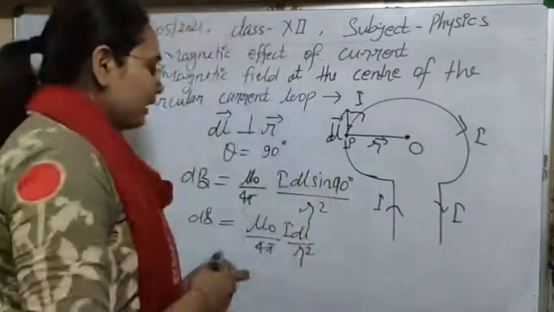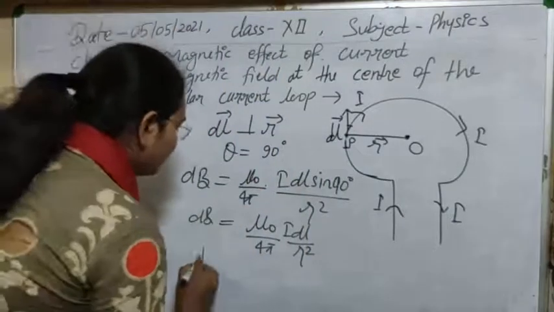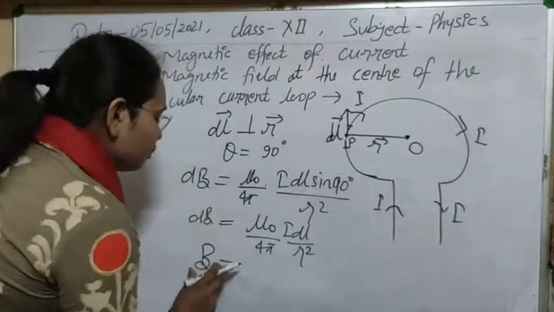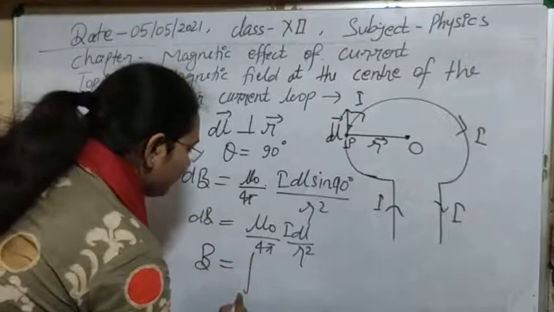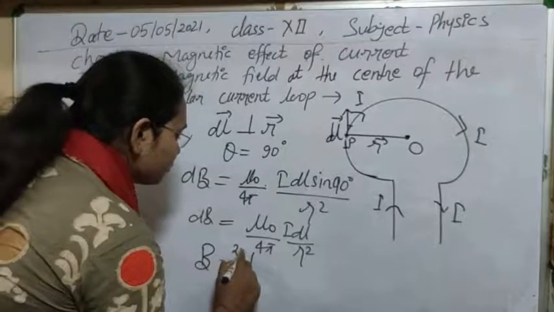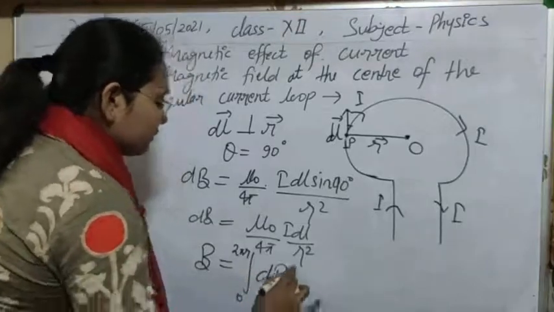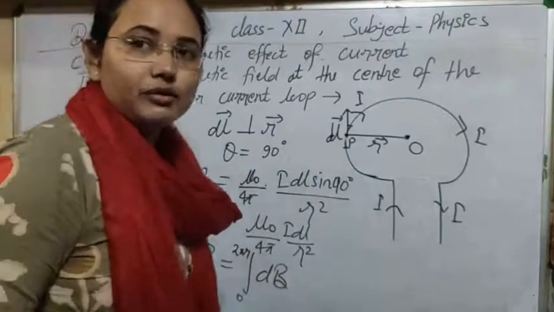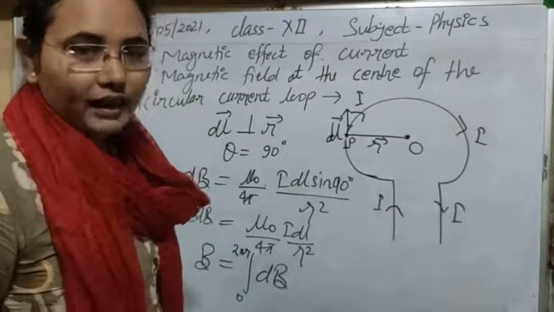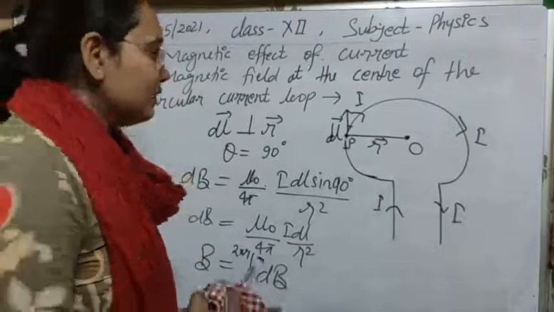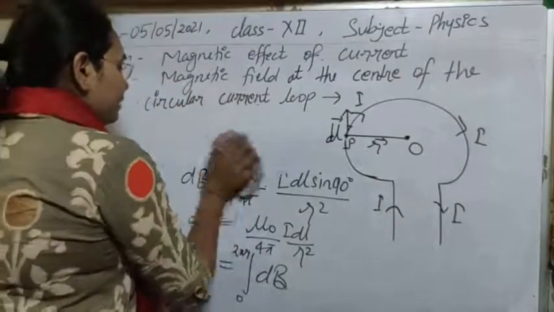So we integrate this equation to obtain the total magnetic field, from 0 to 2 pi r. Just solve this to find the value of the magnetic field at the center of this current carrying loop.